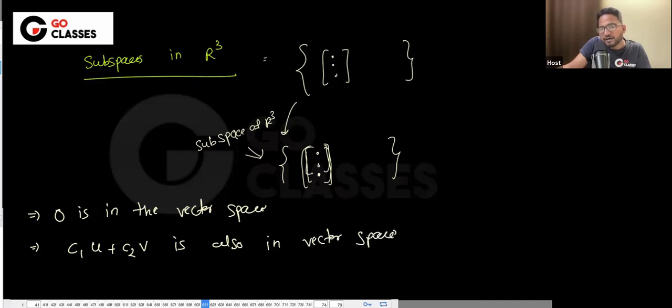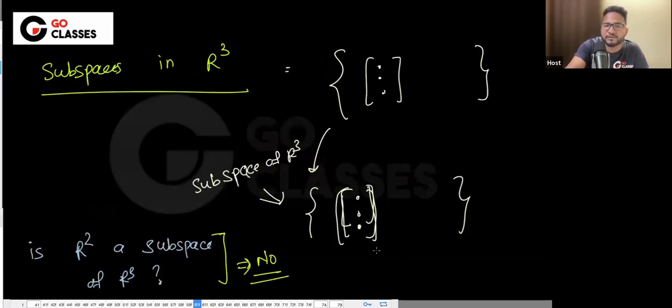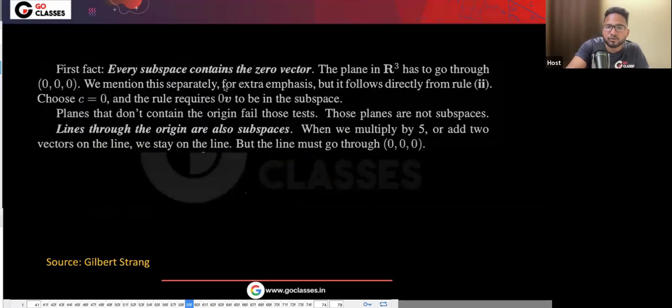Is this second condition somehow covering the first condition? Yes or no? If c1 and c2 are both 0, then it is covering, right? So we just check any linear combination, including the 0, and we do not need to specify it explicitly.